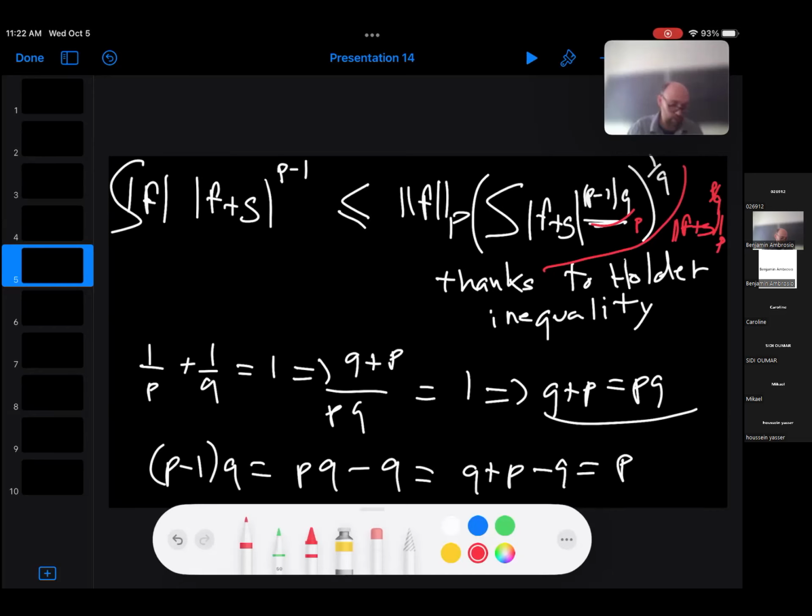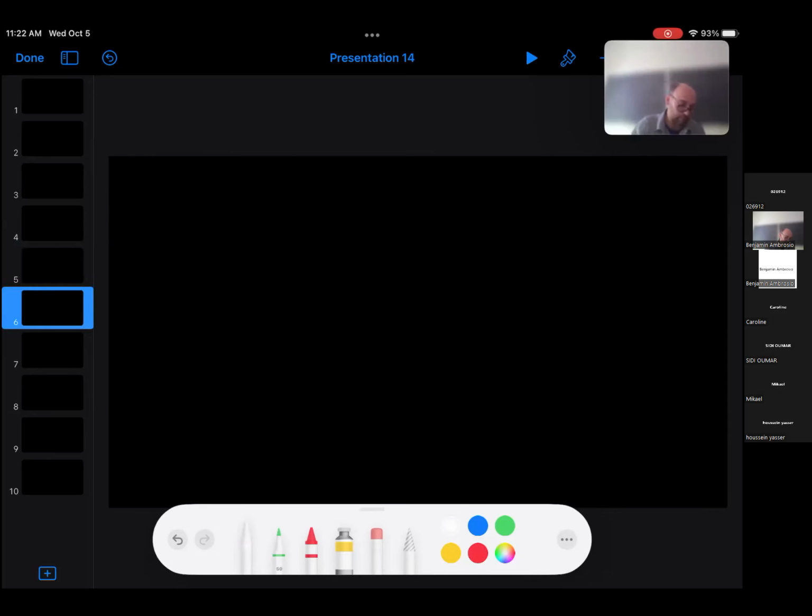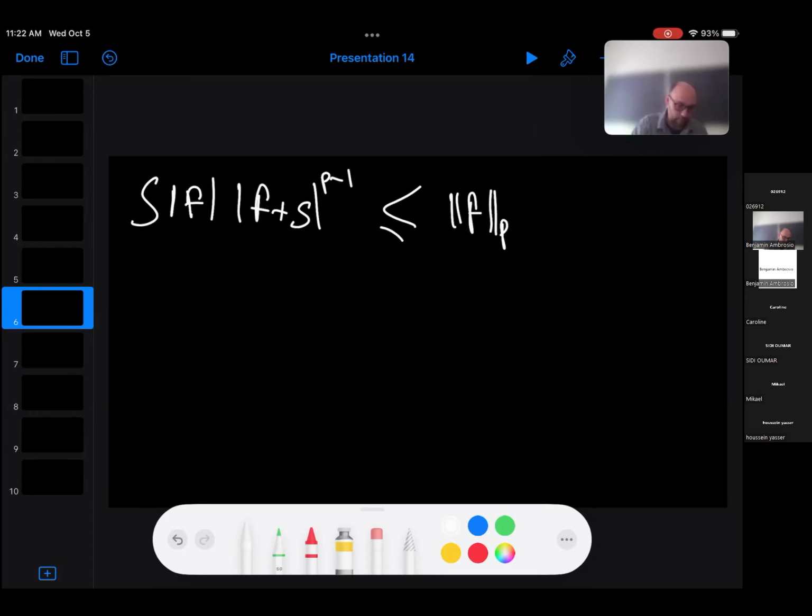So what I obtained is that the integral of f times f plus g to the p minus 1 is less than norm of f in p times norm of f plus g in p to the p divided by q. All right, I can do the same with g.